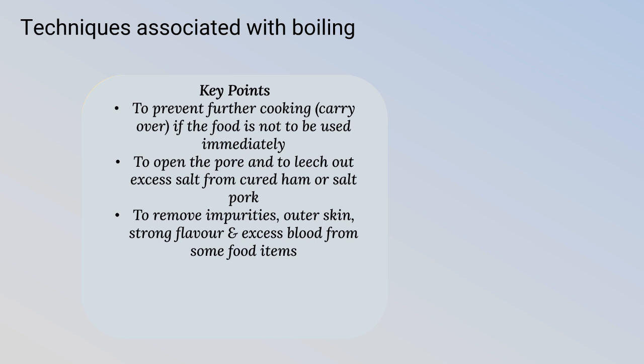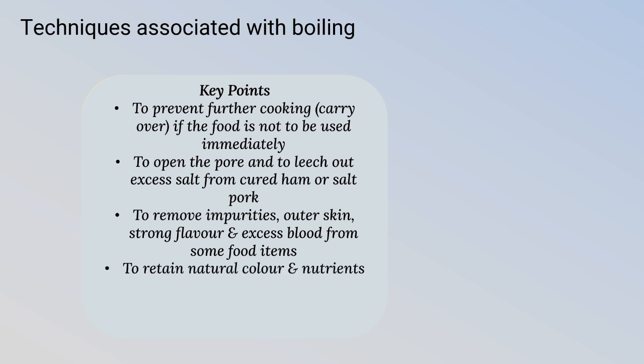Many times, for making white stock, as we have already discussed, we blanch bones to remove the impurities. Sometimes the outer skin has a strong flavor, and to remove that we also go for blanching, and sometimes to remove excess blood, we can also go for blanching.